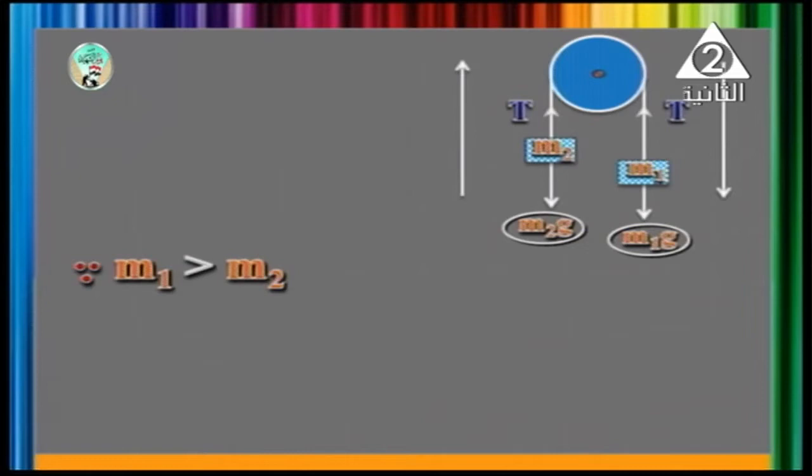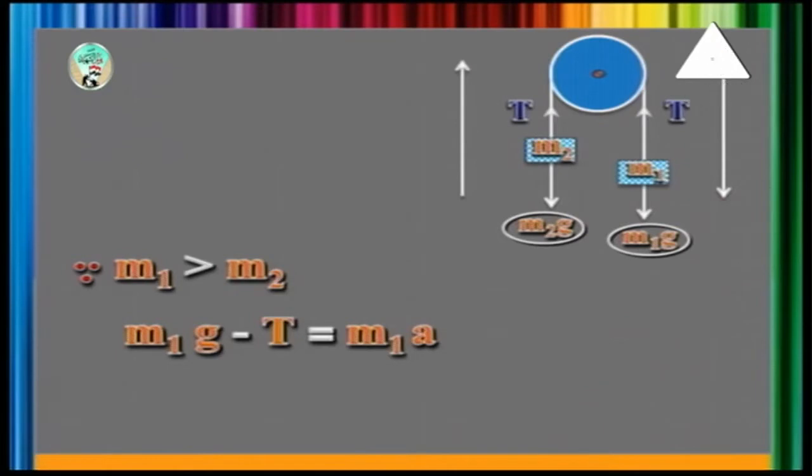Since M1 is more than M2, the first equation, my dear student, is M1G minus T equals M1A. Remember, G is 9.8 or gravity force, A is acceleration, T is tension. This is equation number 1. The motion is vertically down. Why? Because M1 is more than M2.